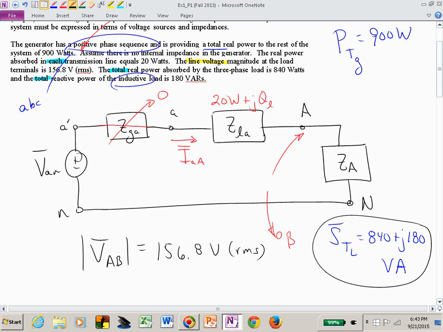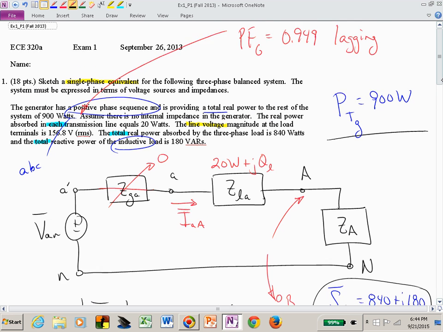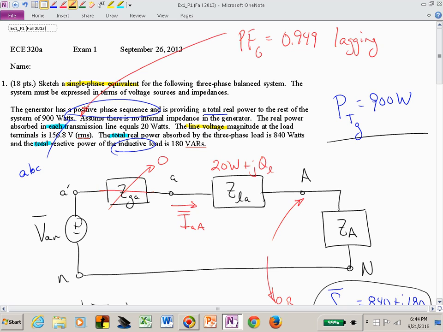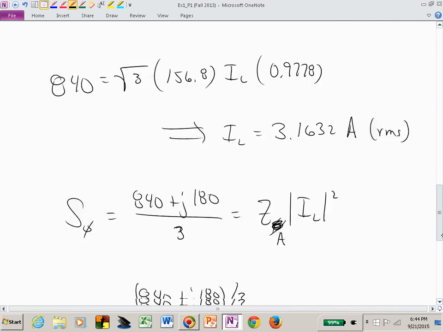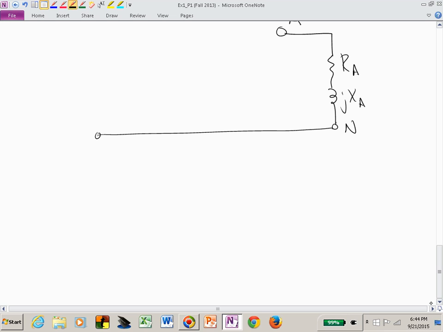Yes, so now we know the power of the generator, and we have the angle of the generator, so that we can then find the entire complex power and divide it by 3 over here on the generator side.